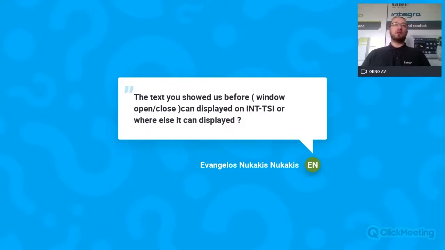The text you showed before, windows open/close, can it be displayed on INT-TSI or where else can it be displayed? This information was sent to KNX, not to the INTEGRA panel, because it was already in the INTEGRA panel, so you can use this to show it on the screen by the icon of the TSI or anywhere else.